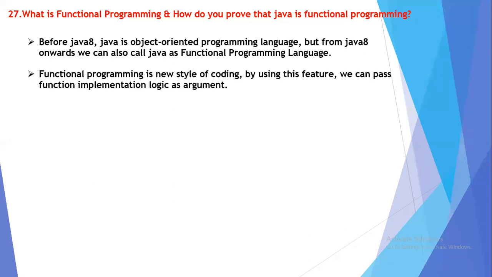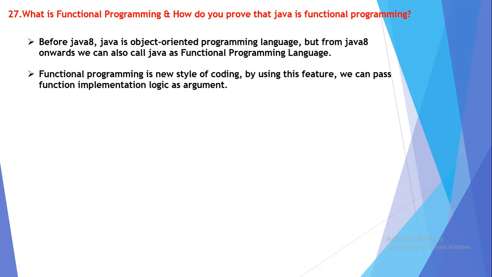So functional programming means what? It is a new style of coding. By using this feature, we can pass function implementation logic as an argument.